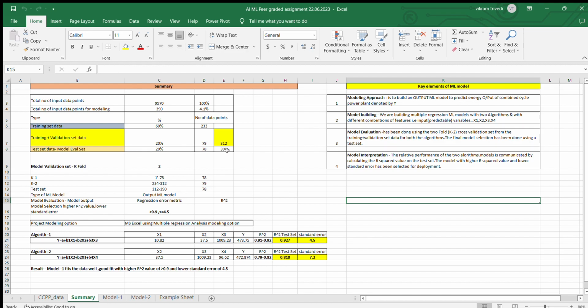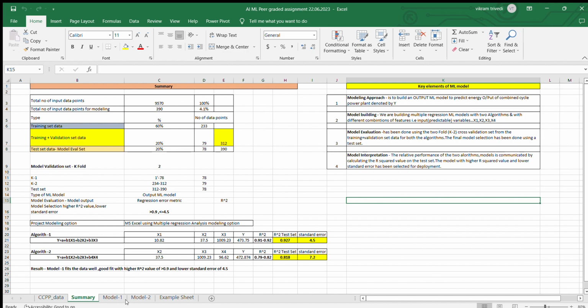The reason for doing that is the model with higher R square value depicts higher strength of relationship between our independent variables x1, x2, x3, x4 in predicting our target variable, that is the energy output depicted by y, and the regression equation giving lower standard error makes it a good fit for the training data as well as the new data.